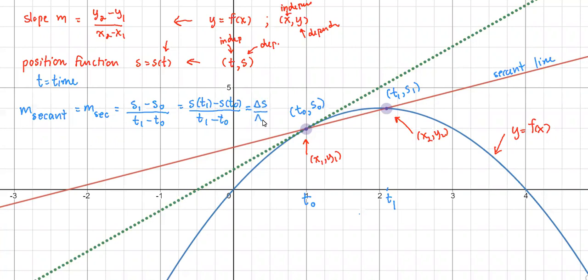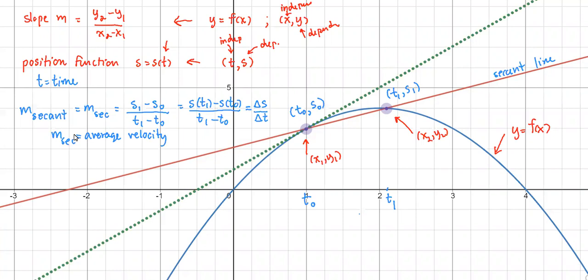The bottom is the change in time. Okay, change in position per change in time. It is called the average velocity. So I call m of the secant line the average velocity.